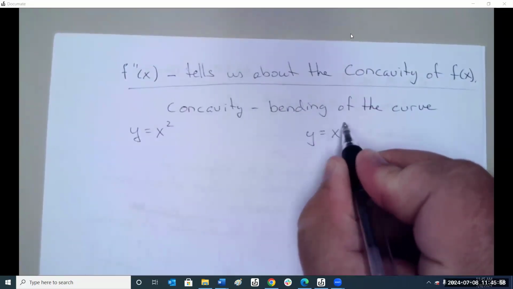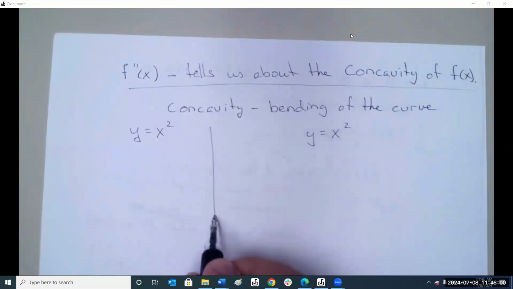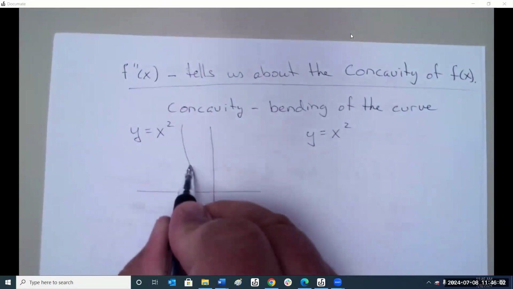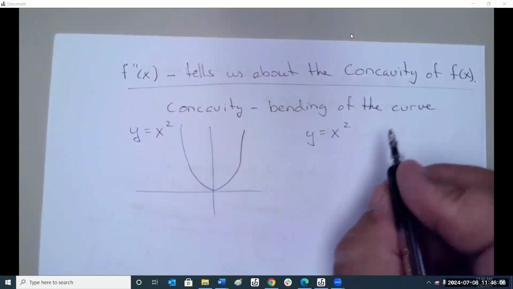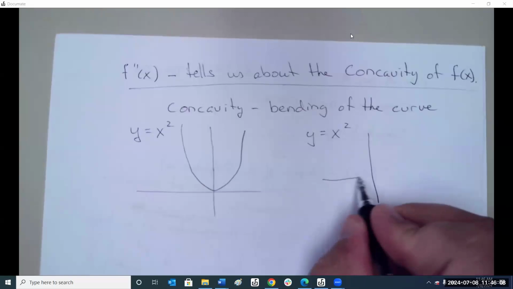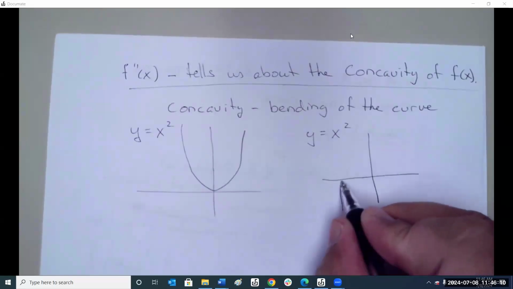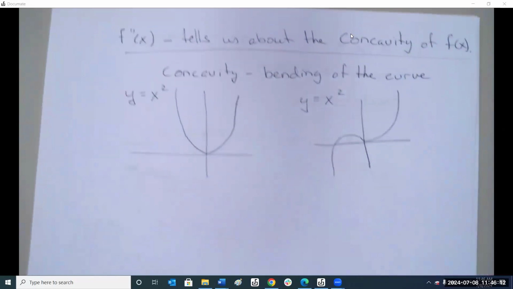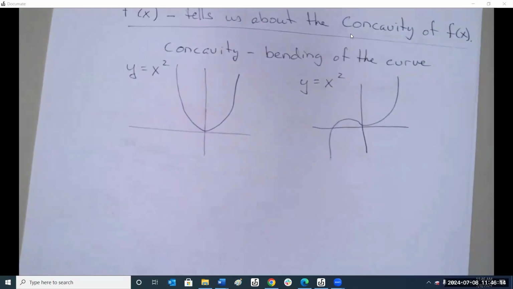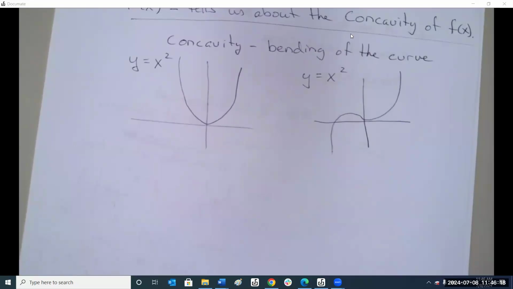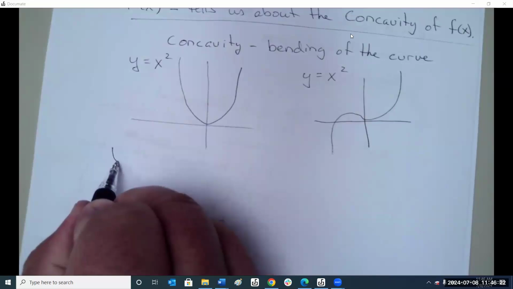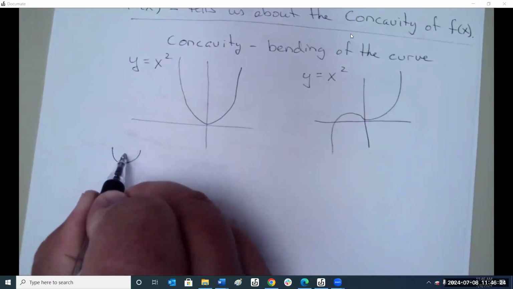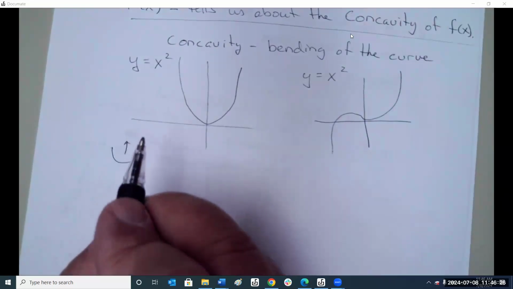Okay, we have two examples here. I'm exaggerating there, but this is what it's talking about. If the curve opens up, this is the concavity.